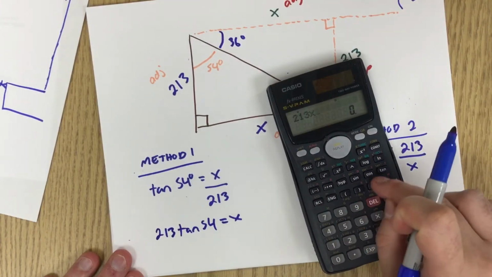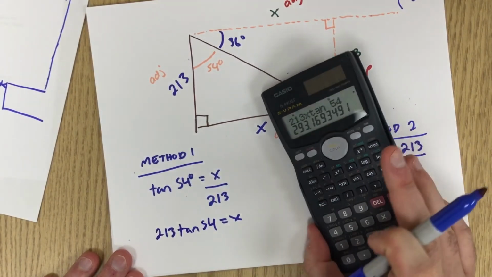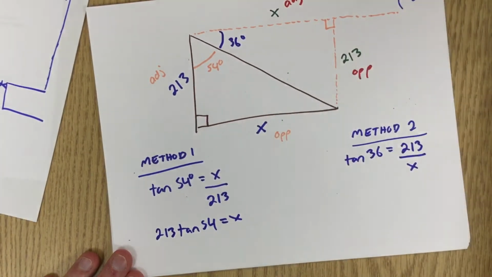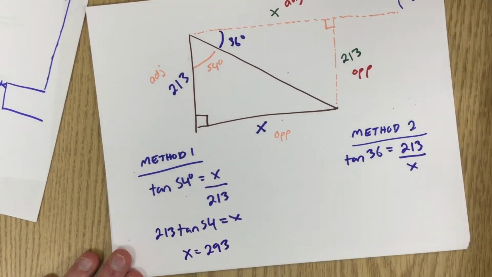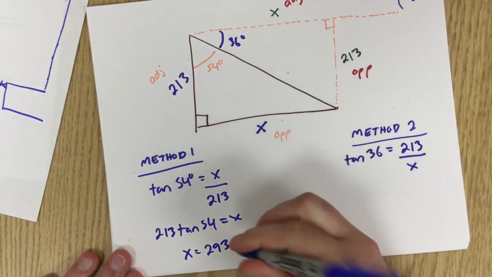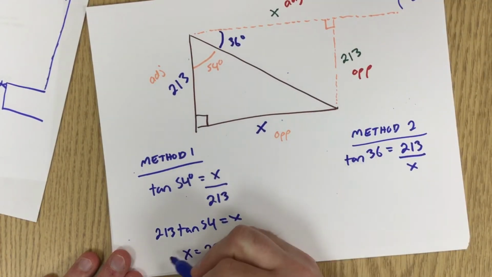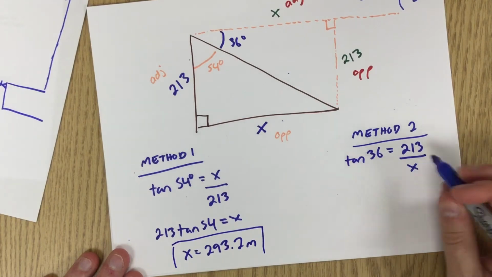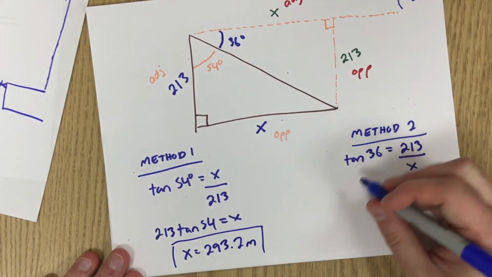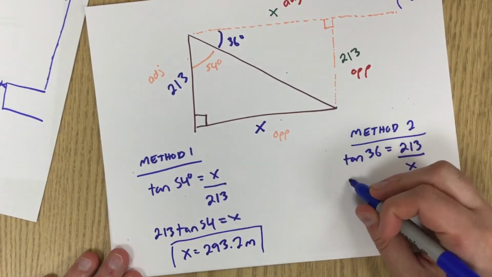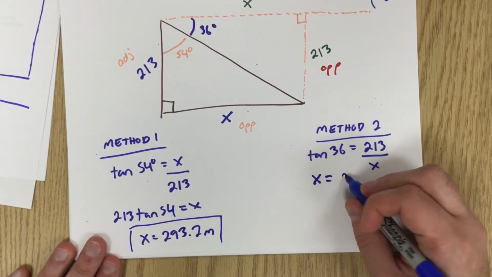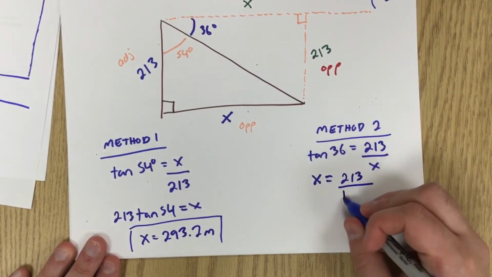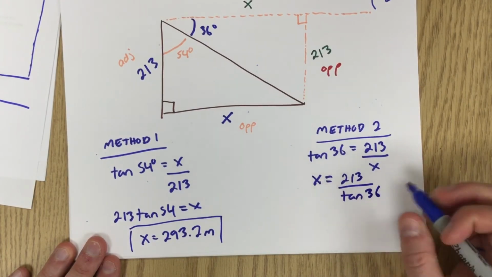213 times the tangent of 54 is 293.2. If we did it the other way, bring the x up, bring the tangent down. I'm skipping some steps here because of space constraints, and we already know the answer. 213 over tan 36.